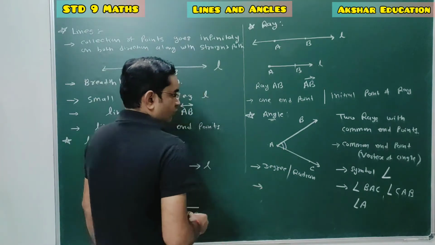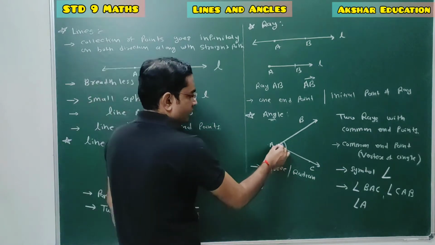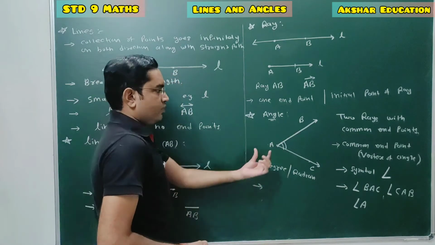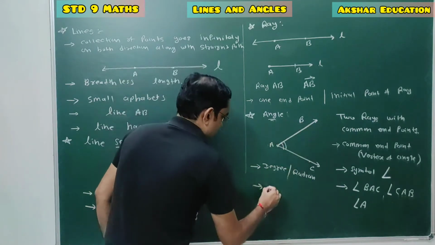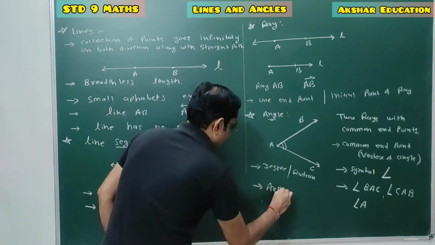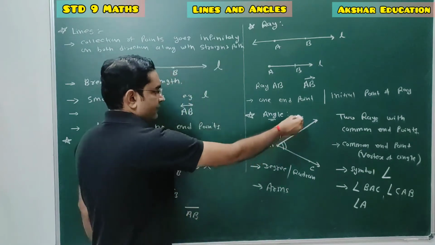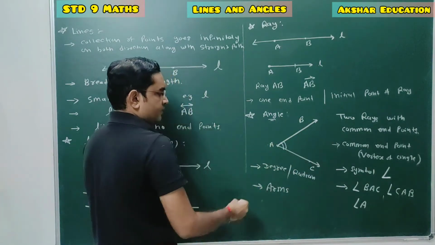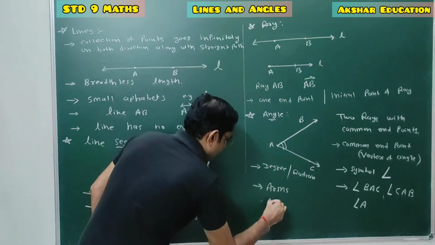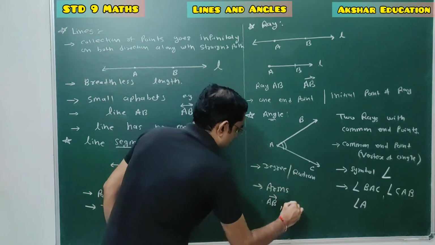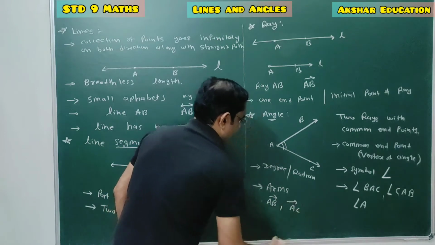One more point is left: the vertex A as well as the two rays which form the angle, which are known as the arms of the angle. For the given angle BAC, two arms are there. One arm is ray AB and another arm is ray AC.